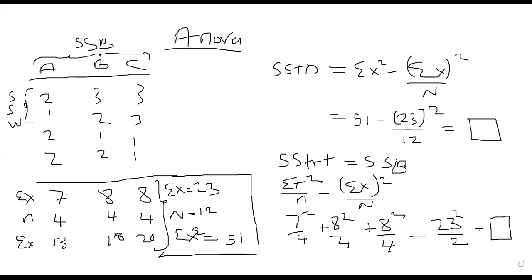So it's 44.25 minus 44.08. What's the total? I got 44.25 here, minus 6.92.